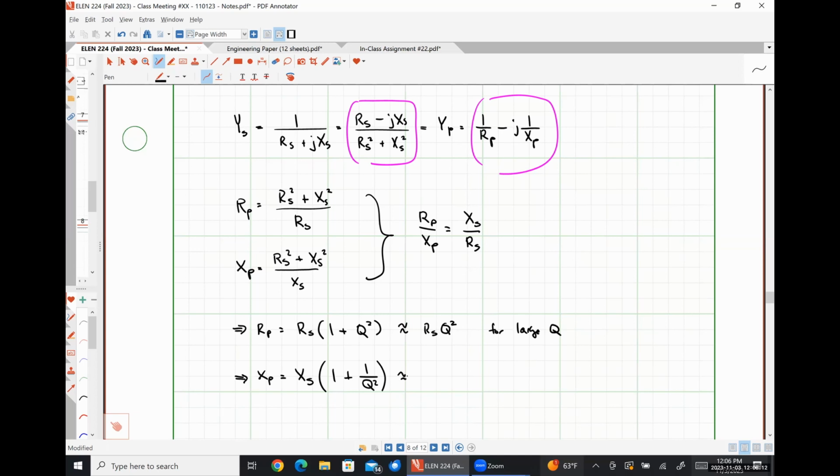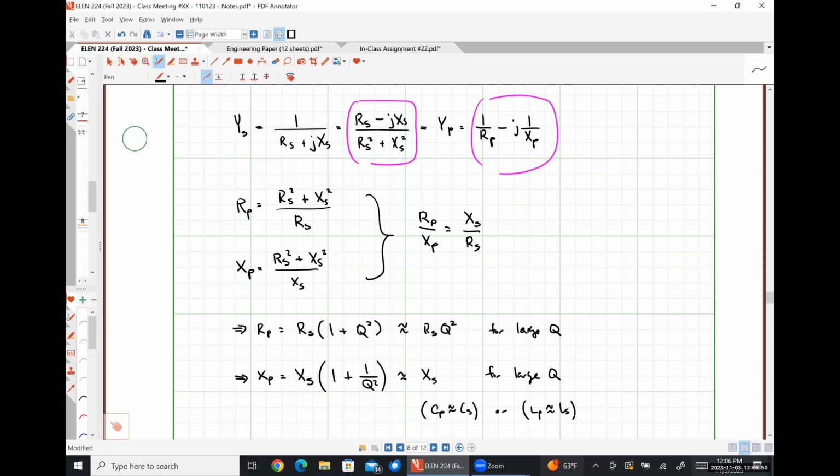According to the textbook, large Q is any Q that is greater than 5. X sub P will approximately be X sub S for large Q. And this means that CP is approximately equal to CS, or LP is approximately equal to LS.